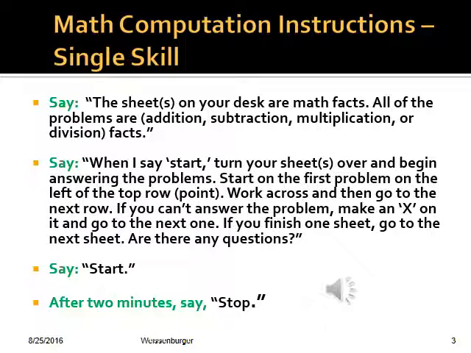Many CBM probes involve the administration of single skill sets. For example, a first grade teacher might want to only administer single digit addition problems in a timed format. As one aside, however, those that select single skill probes should recognize that single skill probes are not considered general outcome measures.